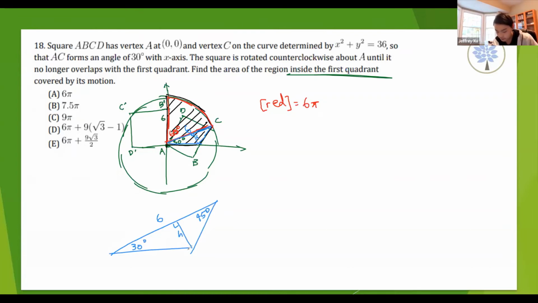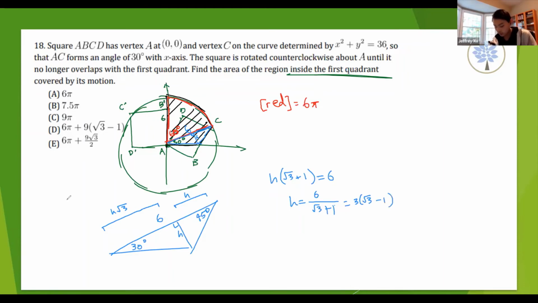So using these two special right triangles, we get that this part has length h√3, and this part has length h. So we have h times (√3 plus 1) is equal to 6. So h equals 6 over (√3 plus 1). And then we just rationalize the denominator, and we'll get that this is equal to 3 times (√3 minus 1).